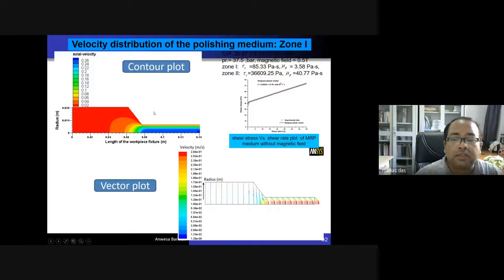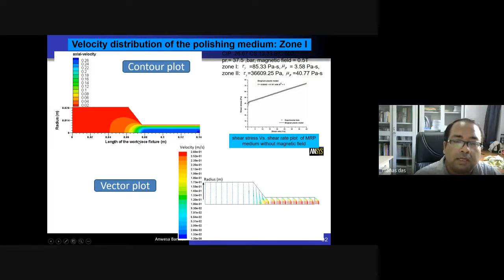After that, this is the contour plot for zone 1 where we are not applying a magnetic field. What we have found is that although in zone 1 we are not applying a magnetic field, a certain amount of yield stress and plastic viscosity is found in the fluid.